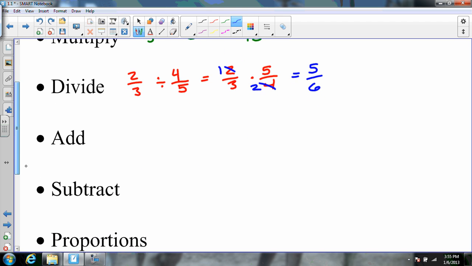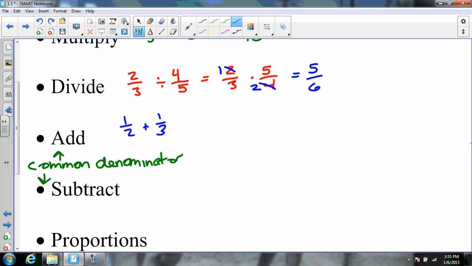When adding and subtracting fractions, you must have a common denominator. So if you are adding 1/2 plus 1/3, 2 and 3 both go into 6, so you have to multiply 1/2 by 3 over 3, and 1/3 by 2 over 2.